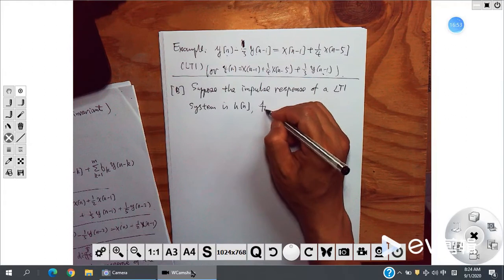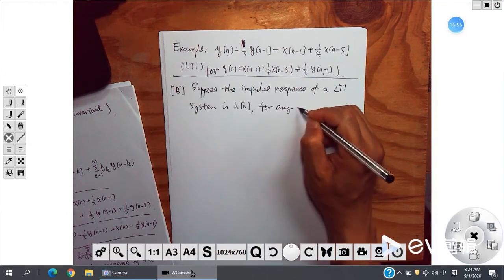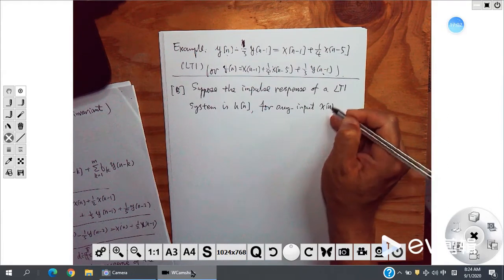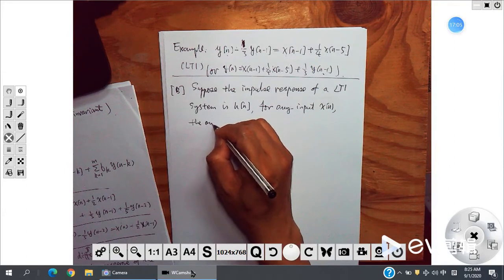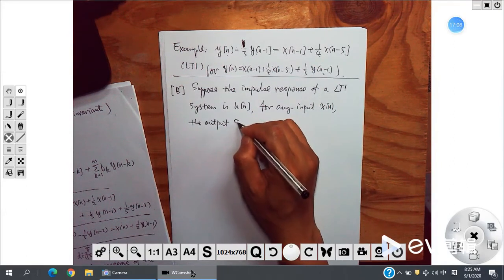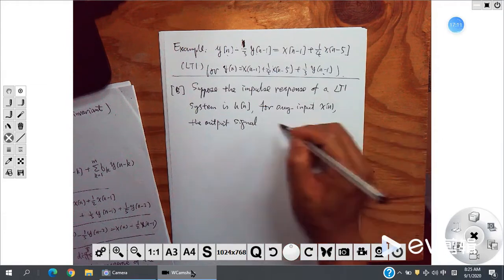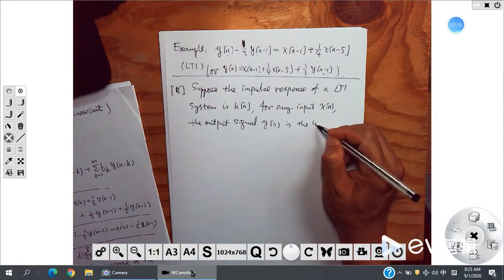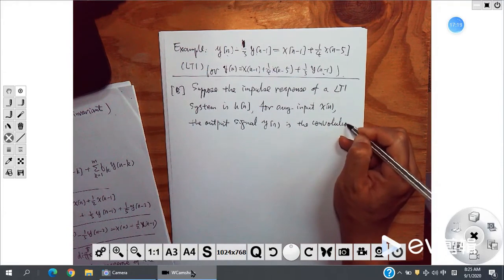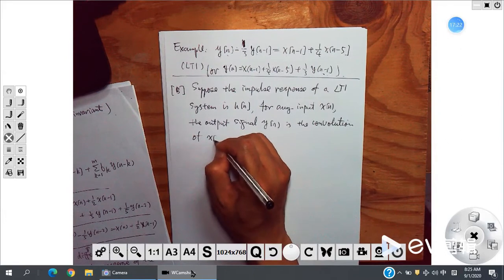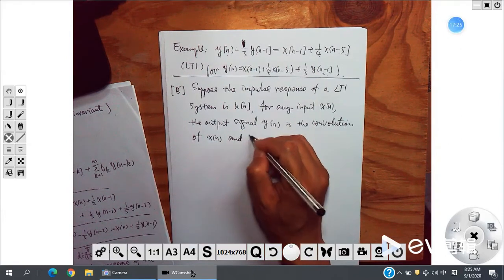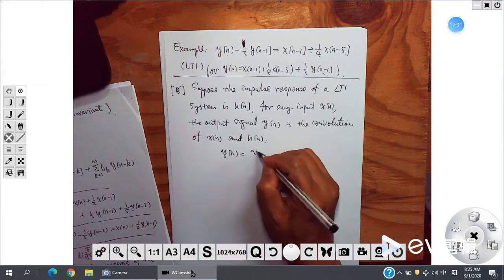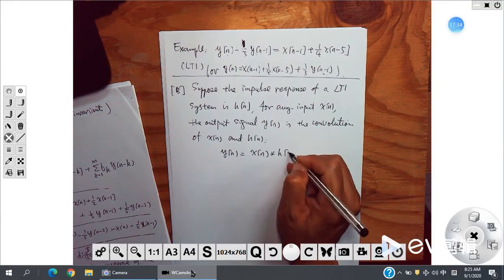Then for any input signal x of n, the output signal y of n is the convolution of x, the input, and h, the impulse response. You can write y equals x convolved with h of n.